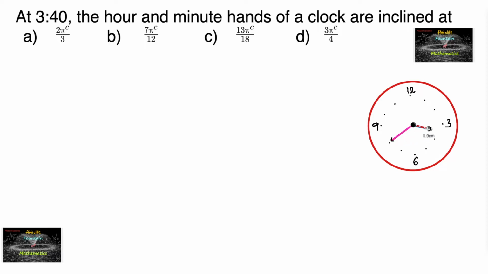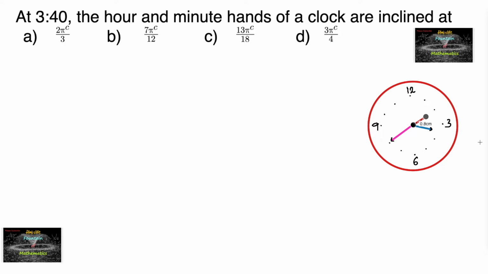let's consider this is the hour hand. So for 1 hour, 2 hours, 3, 4, 5, 6, 7, 8, 9, 10, 11 and 12 hours, it will make 360 degrees.